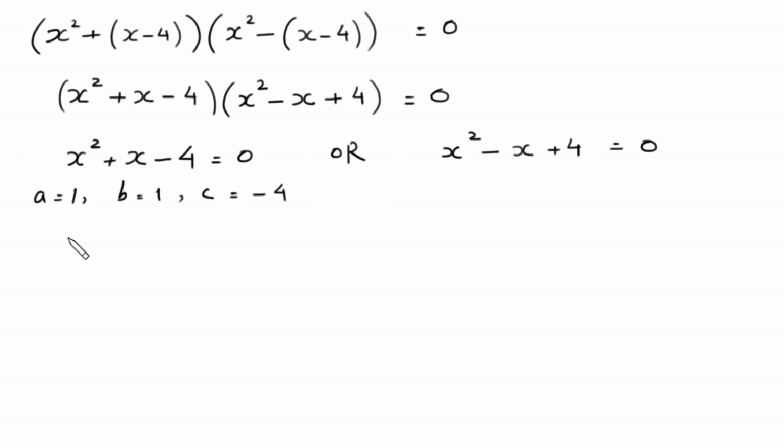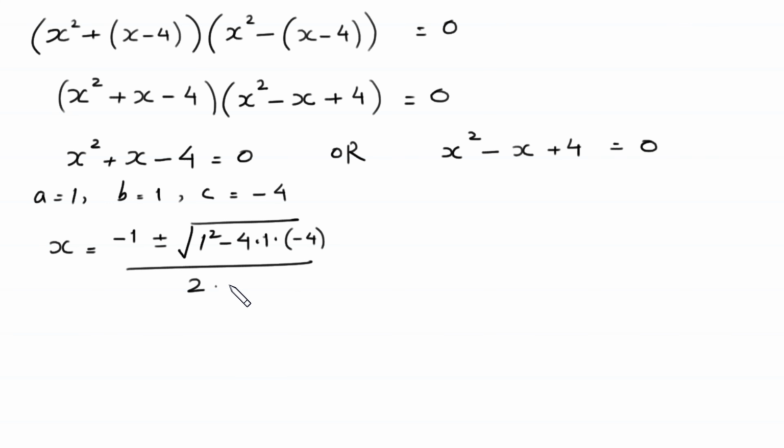And according to quadratic formula, x is equal to minus value of b 1 plus or minus square root of value of b 1 squared minus 4 times value of a 1 times value of c negative 4 divided by 2 times value of a 1.